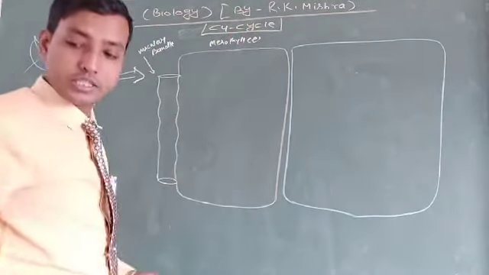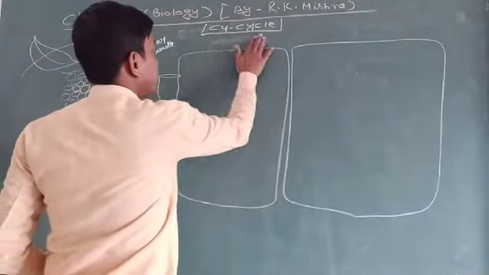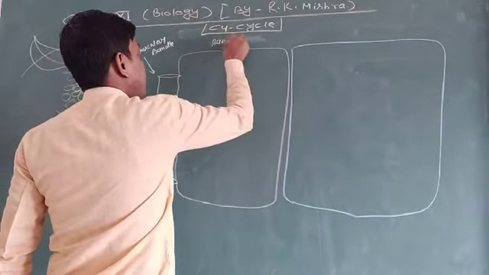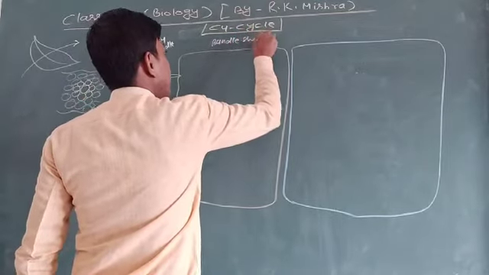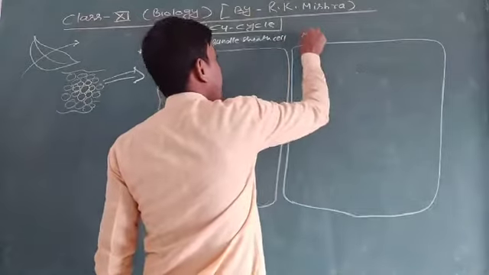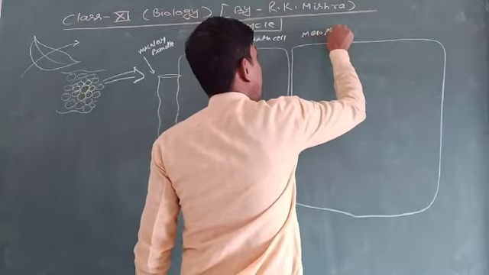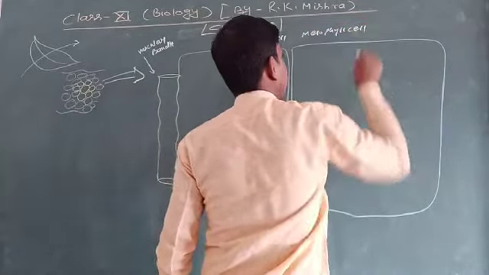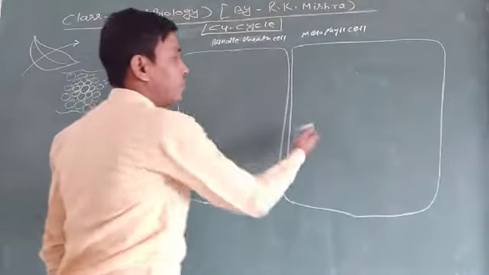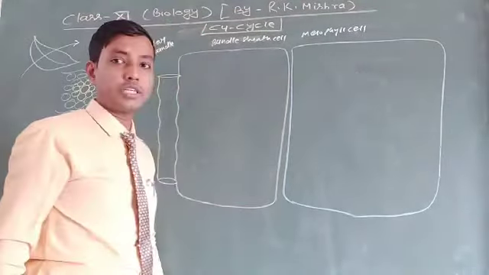Not mesophyll cell, this is the bundle sheath cell, and this is the mesophyll cell. Near to the vascular bundle, the bundle sheath cell, and away from the vascular bundle, the mesophyll cell.